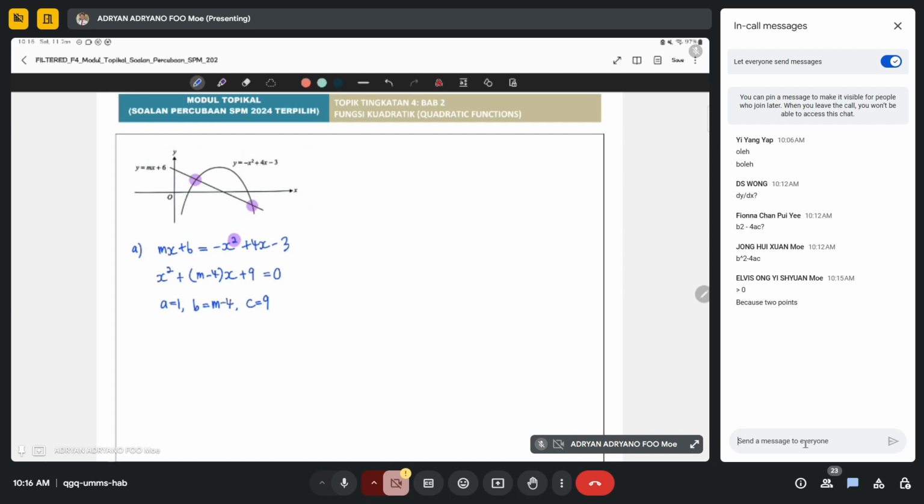Okay, so now using b square minus 4ac 大过0。So b 是多少？m minus 4 square minus 4ac 大过0。Alright, now m square minus 8m plus 16 minus 36 大过0。Okay, do I get mark here? Or is something wrong here? Is there anything wrong here that causes me to hilang markah?